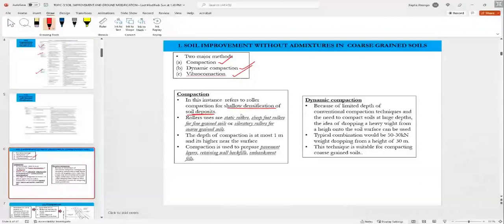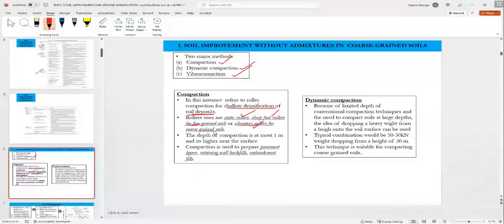We may use rollers, either static rollers or vibratory rollers. We use static rollers, sheep foot rollers, for fine grained soil, and vibratory rollers for coarse grained soil. Why do we use sheep foot rollers for fine grained soil?